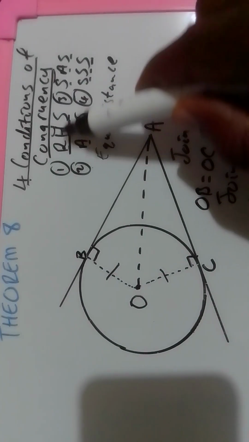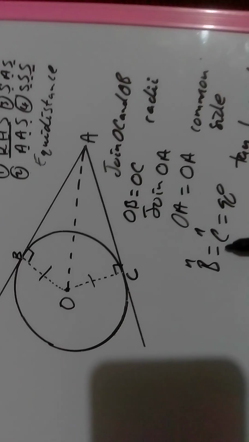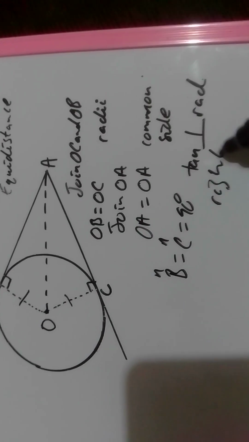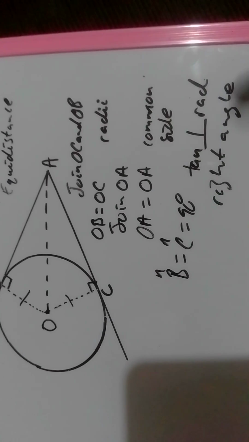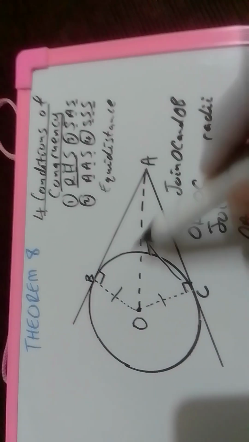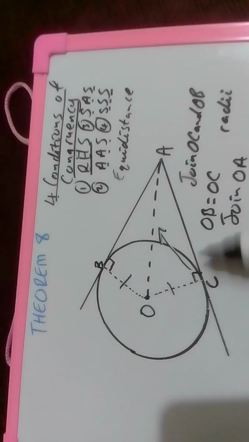Remember when I started this, I said that I was going to use right angle, hypotenuse, and other side. So angle B is equal to angle C, 90 degrees. There is my right angle. Then I need a hypotenuse. But remember, the side opposite the 90 degrees, this line OA, is the hypotenuse, which I call the common side. And I need any other side on the triangle.